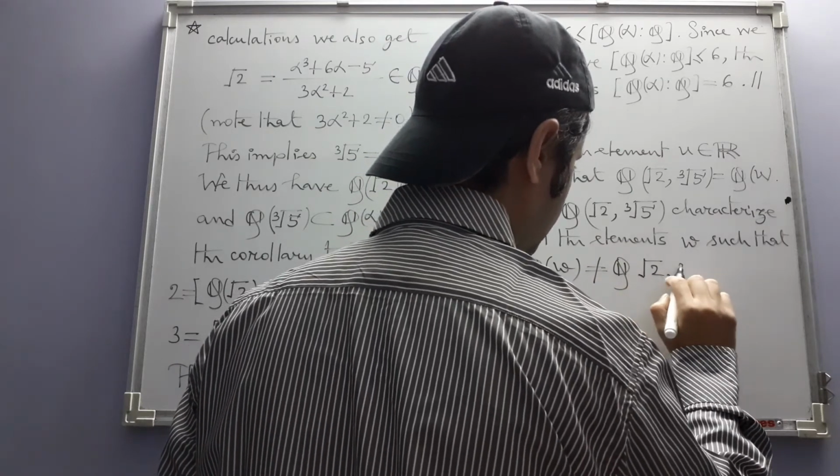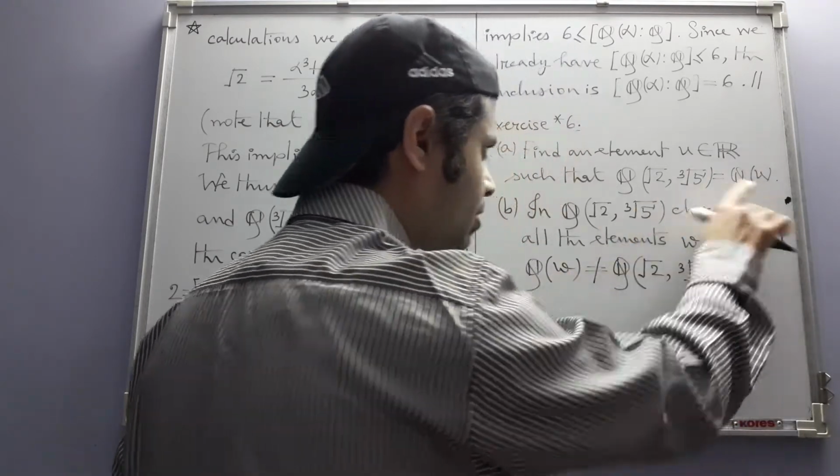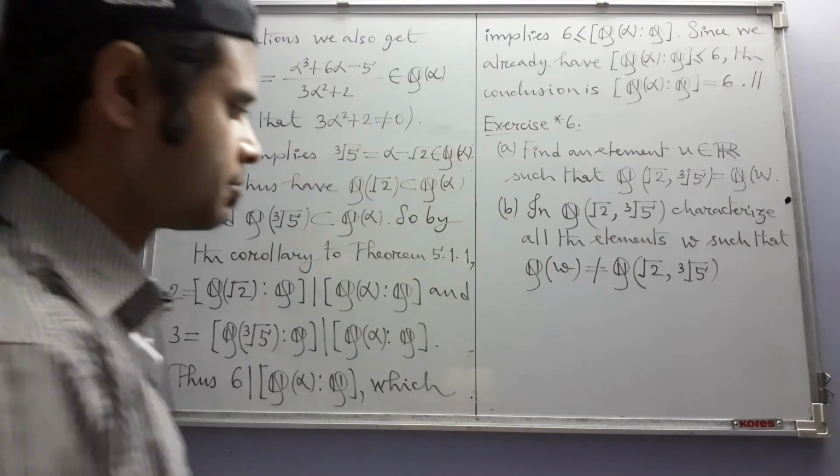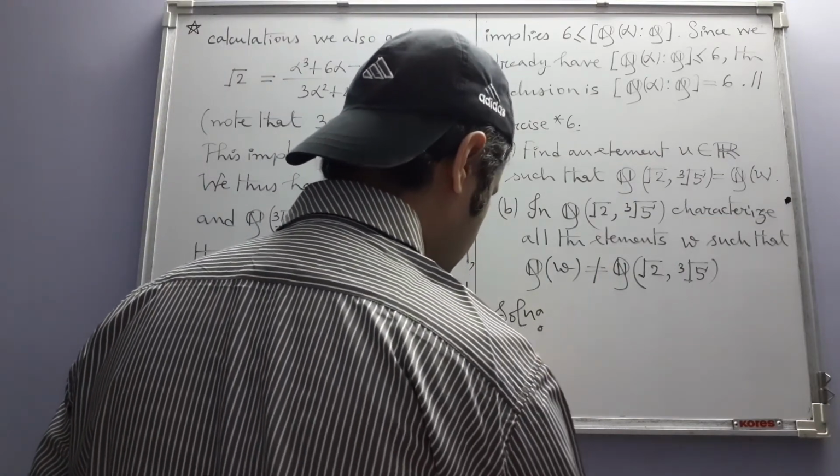So we have to find all the elements W which are not like U. So let's see the solution.